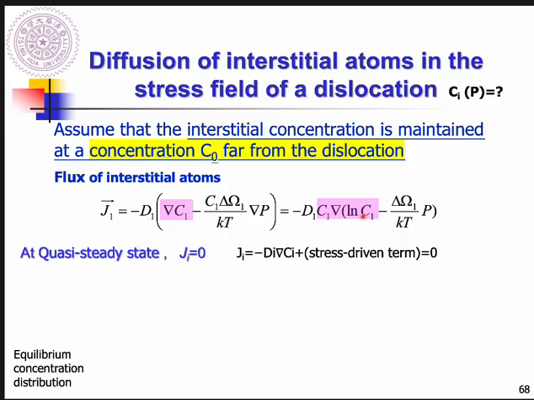If you take the gradient, what extra term will you get? The gradient of C1. So I try to put the C1 inside the gradient term. I find that if you take the gradient of log C1, you get 1 divided by C1 times the gradient of C1. So I can just use this to substitute this term.